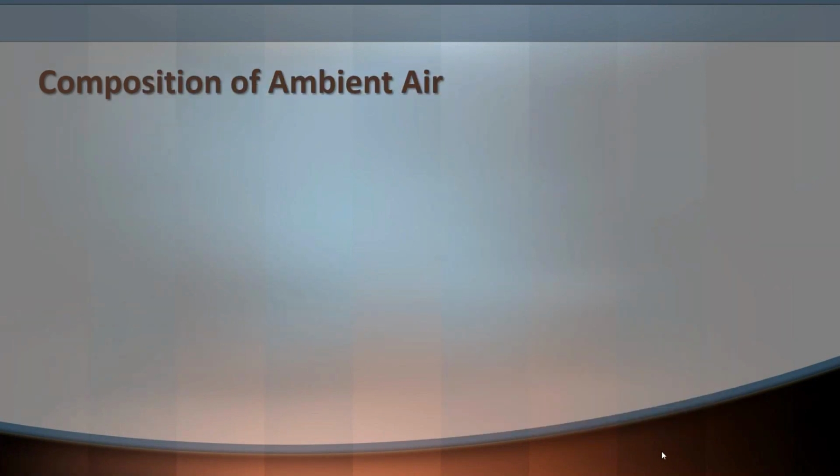So first, in order for us to be alive and perfuse adequately, we need enough oxygen in the air to actually create that aerobic metabolism state. In the air right now, we have about 21% oxygen. Where we get ourselves into trouble is if there's a depletion of that oxygen, if there is a different chemical inside the air that's actually hindering the oxygen, or if there's too much oxygen.